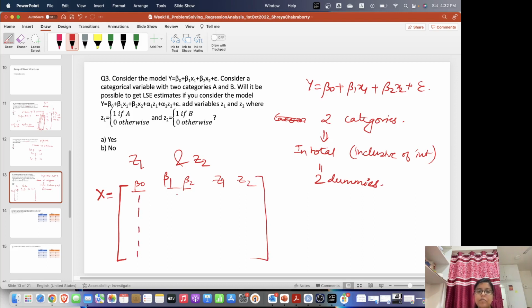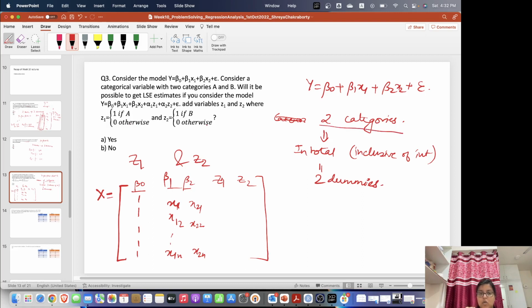Let's say for beta 1, beta 2, you have something: x11, x12, x1n, x21, x22, x2n, something you have. And for the Z1 and Z2, there are only 2 categories.